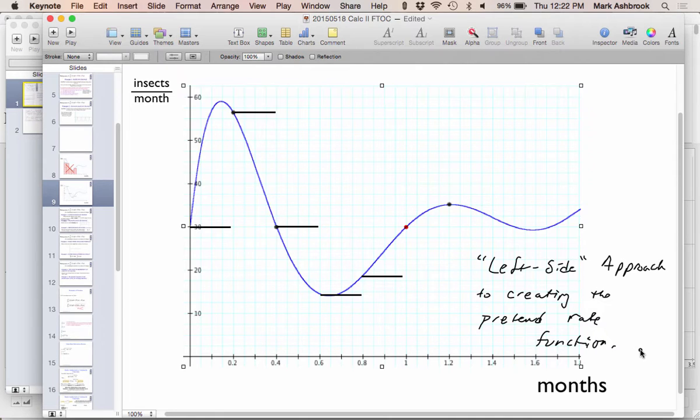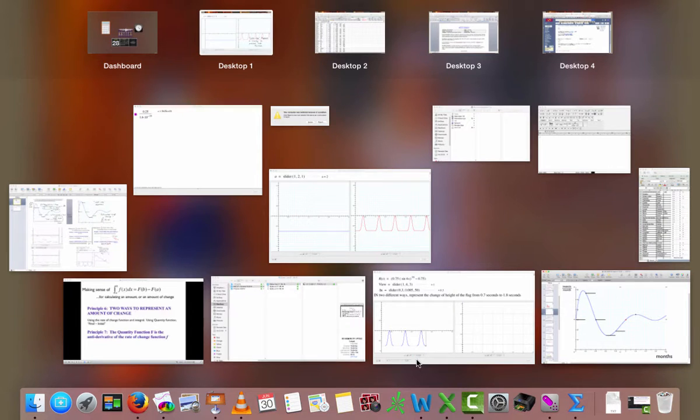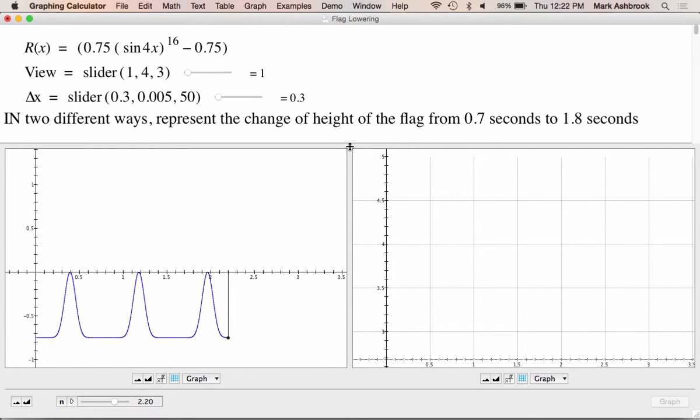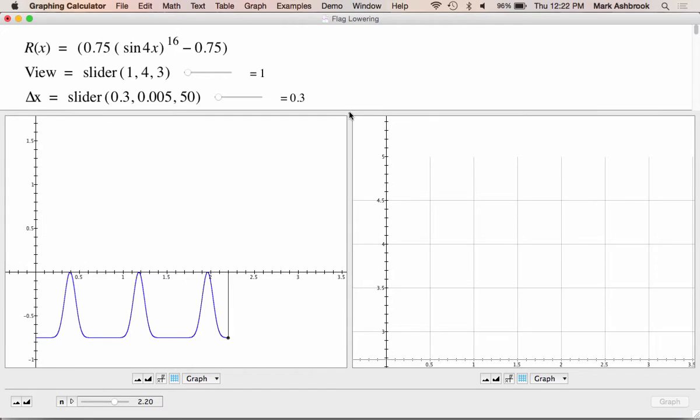Okay, so going back to the flag lowering. Let's take a look at the flag lowering example using this left side approach to build a pretend rate function. Okay, so here's that rate function, and we want to think about functions as emerging as that variable x increases.